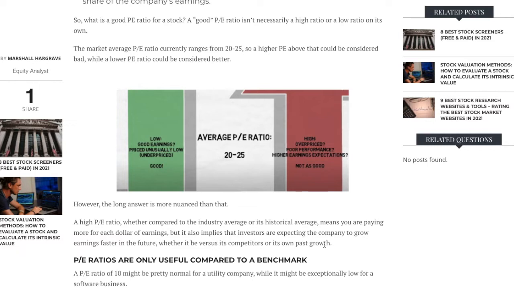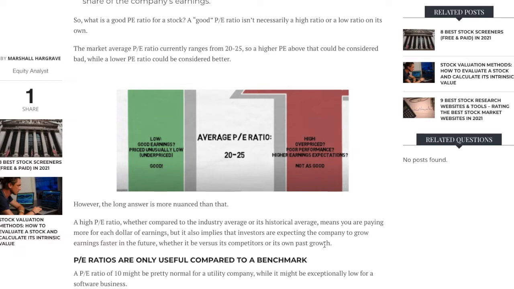But what the PE ratio basically states is how much you're paying compared to each dollar of earnings. So the PE ratio is used to value a company by measuring its current share price relative to its earnings per share. So what that means is the higher a PE ratio is, the more people are willing to pay a higher price because they're expecting the stock to earn more in the future.